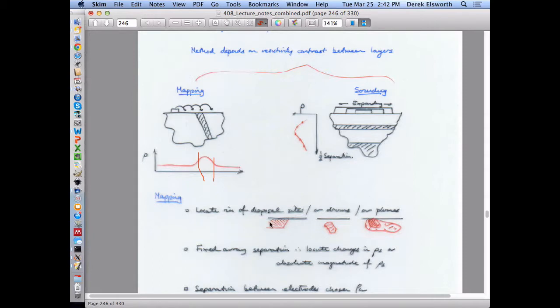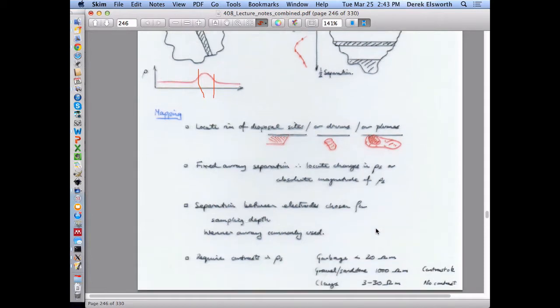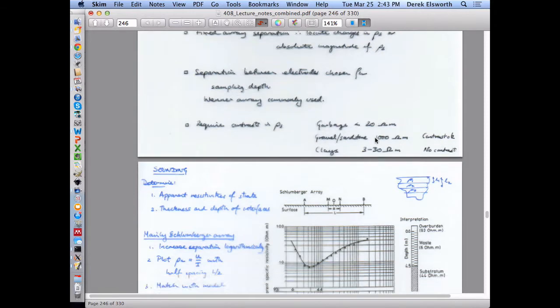Could be the edge of a landfill, could be some drums, of course. Metal will conduct electricity as well. All metals will in this particular case. Or in some cases, if you had salts in a plume, you might be able to pick that up as well. So you can map plumes with it.